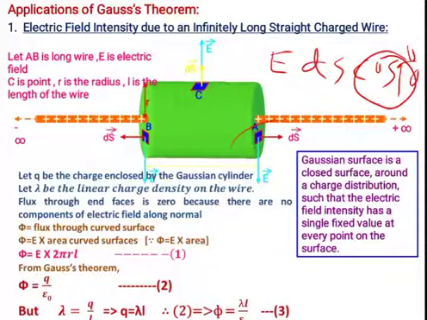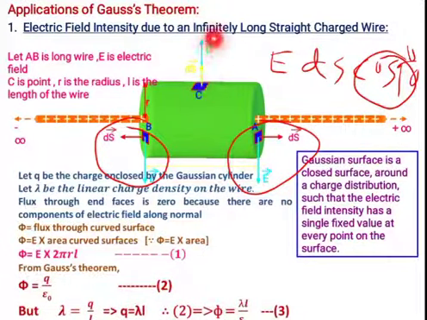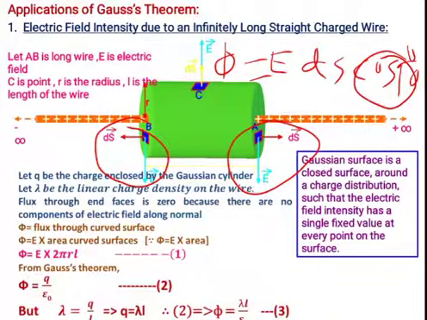So at this face it is 0, and similarly at this end face it is also 0. But in this case the angle is 0 degrees, not 90. Here it is 90 degrees, here also 90 degrees, but in this case it is 0 degrees. That's why E ds cos 0, and cos 0 is equal to 1. So phi is equal to E ds.